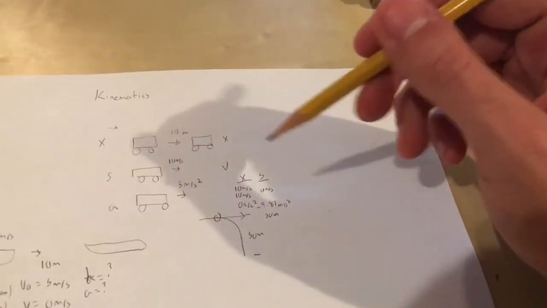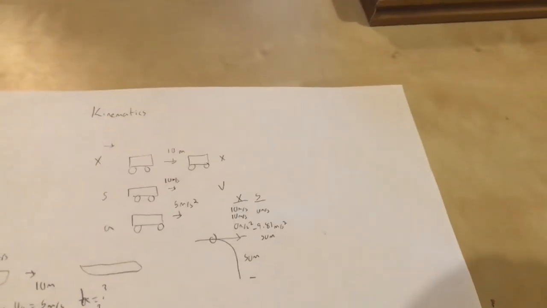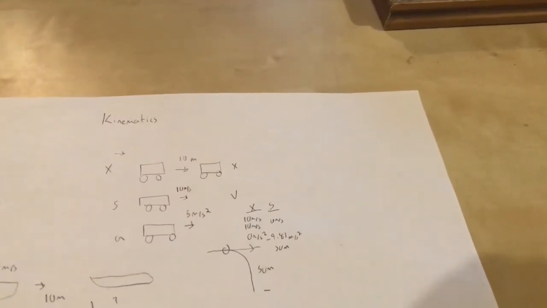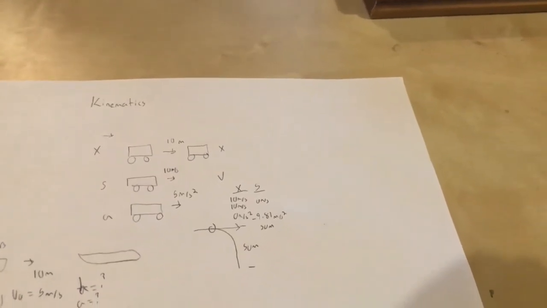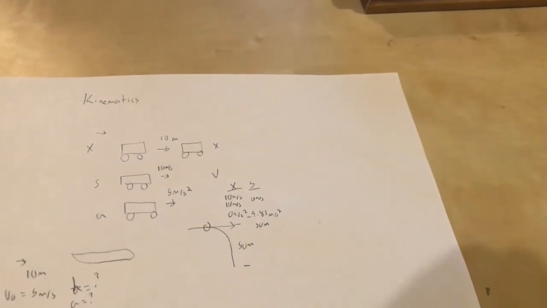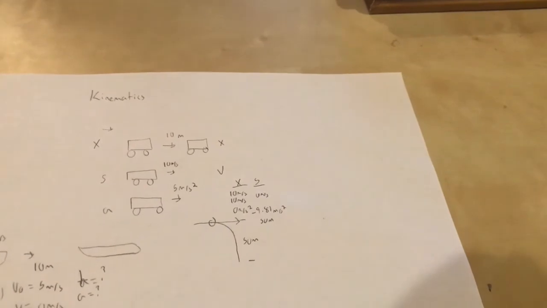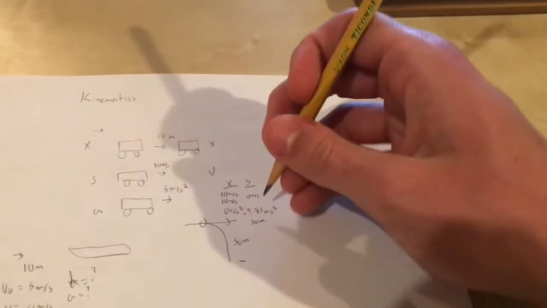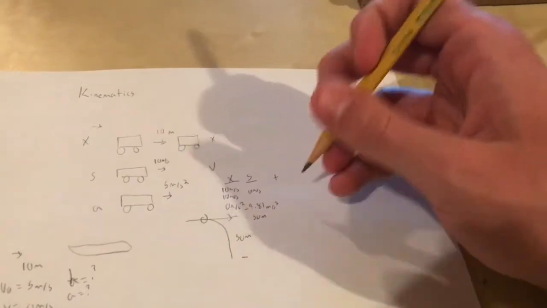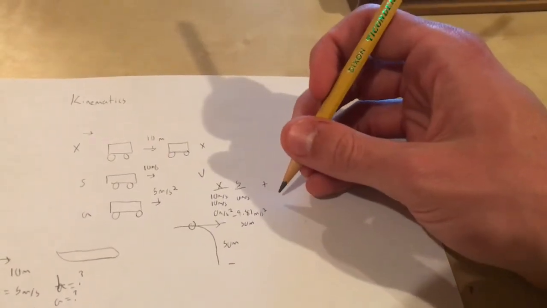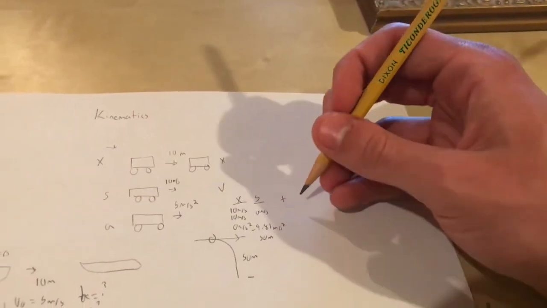Now let's try and solve for what we can. Now we know some things in the x and the y. Let's find out how long it takes, or in this case, how far it goes in the x. One thing to note from here is that there are some things in common between x and y, that mainly being time. Time is the same between x and y. From what we know here, let's start off and see what we can find.